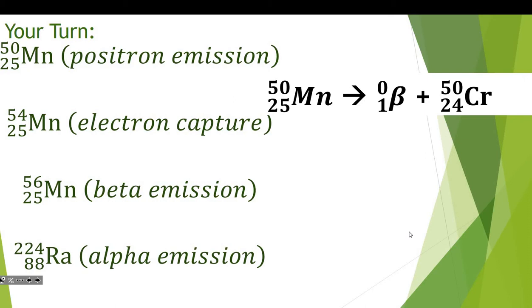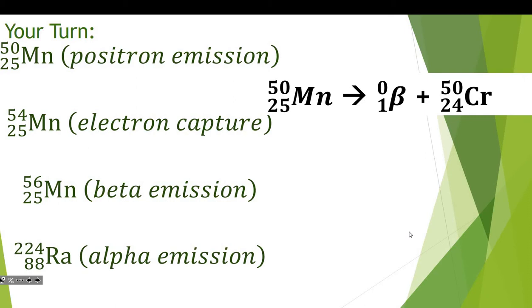Are you getting this? Okay, so let's do this. Put that right here. And you can then go plus because it's a capture. And we're going to go 0, -1e, or 0, -1b.